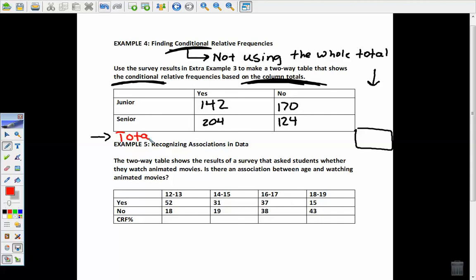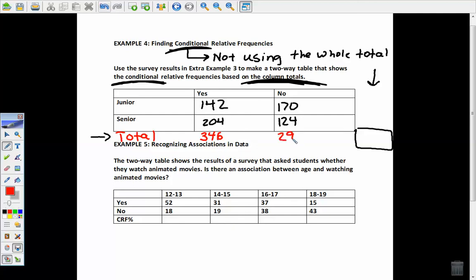So I'm going to put a total down here. How many kids were planning on college when I add these two values up in that yes column? 346. And then how many total in the no column?